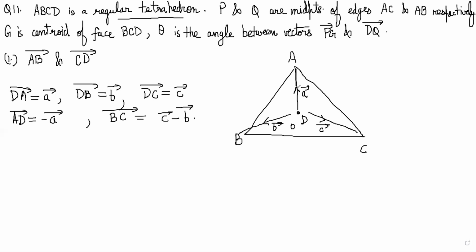Because if we know the angle between AD line and BC line, since it is a regular tetrahedron, that should be the same angle between AB line and CD line. You can notice the symmetry. AB line is this line, CD line is this line, right? So the angle between CD and AB is the same as the angle between DA and BC.